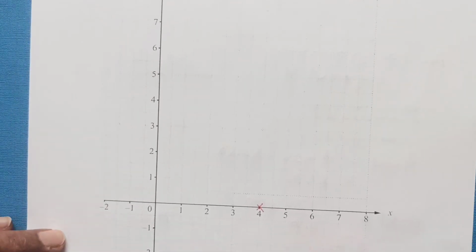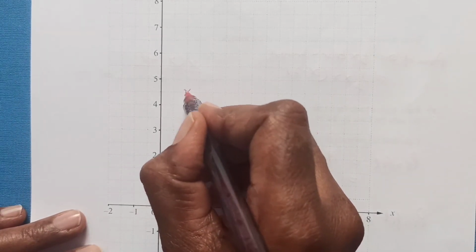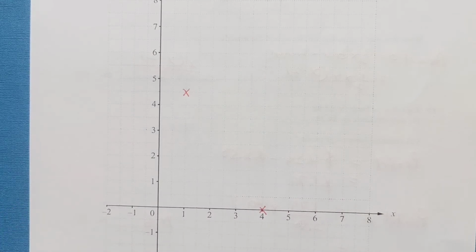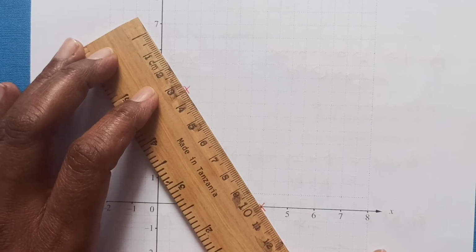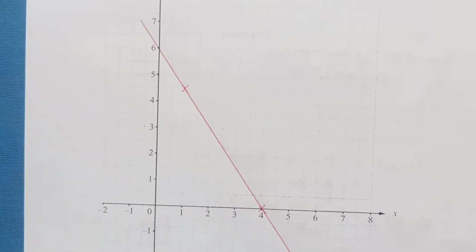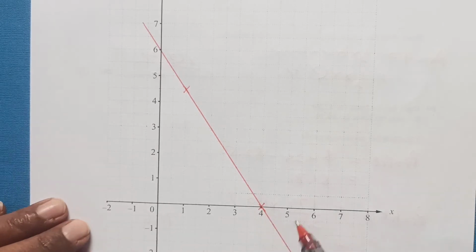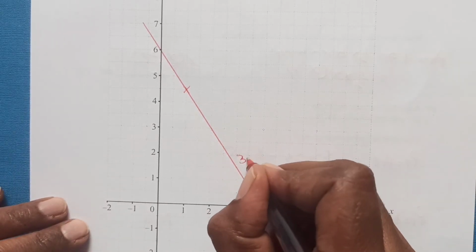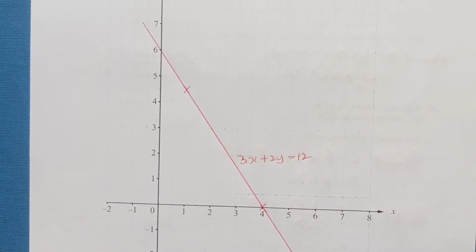So x1 is here, y4.5 will be this point here, between 4 and 5. So we are just gonna join this line here like this. So now this is the graph of line 3x plus 2y equals to 12. Right? Let's move to next question.